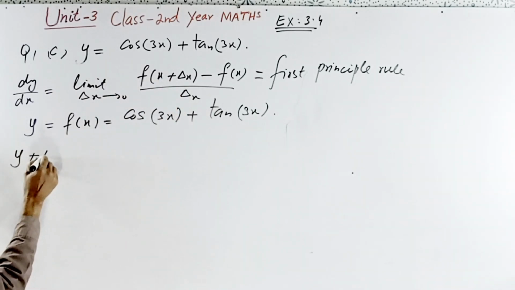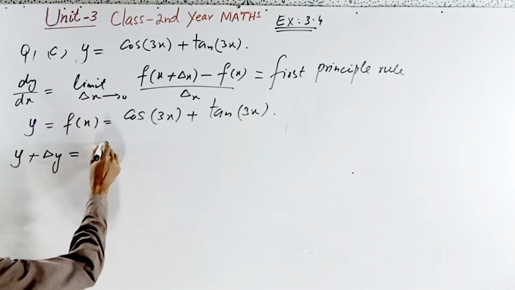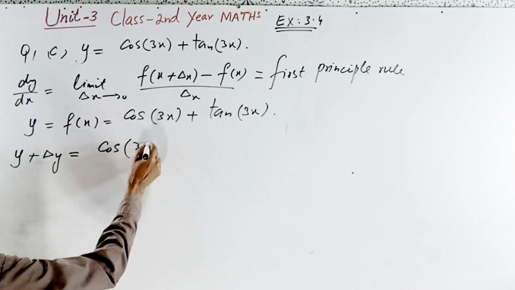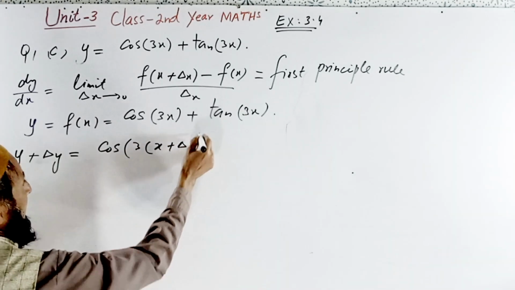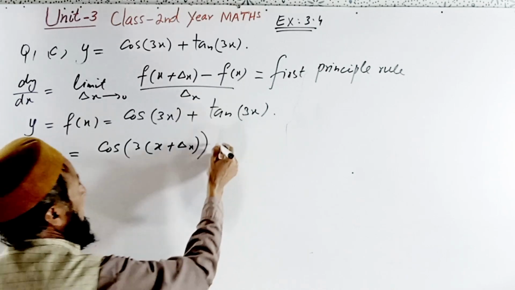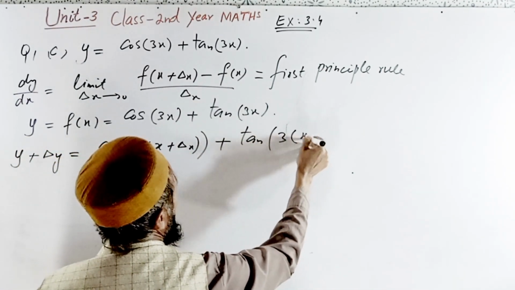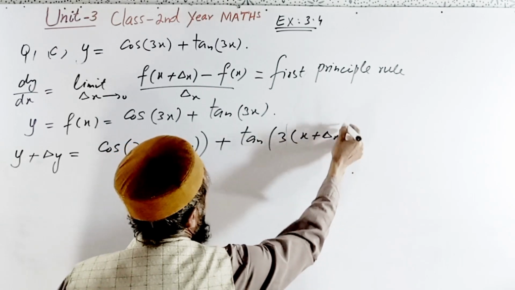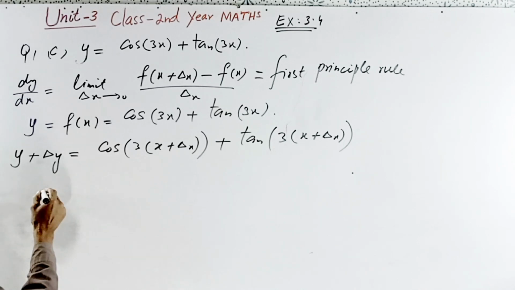We take an increment delta y here, and here cos 3, x becomes x plus delta x, similarly tangent 3 times x plus delta x. Now we move y to the right side, so the sign is changed.